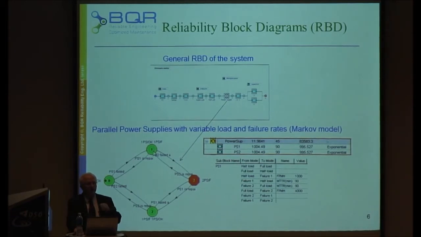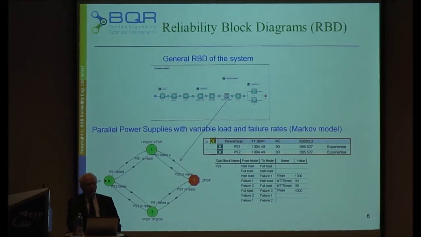Here, we have one power supply failed. The other provides full current, the temperature is higher. Now, the question is, are the failure rates the same in the two cases? MTBF, is it the same? No, it's not the same. Because if here the stress is 50%, here the stress is 100%. So this means that the assembly is hotter, and it gives you a higher failure rate.